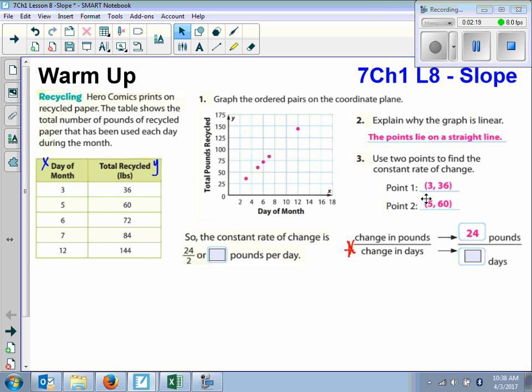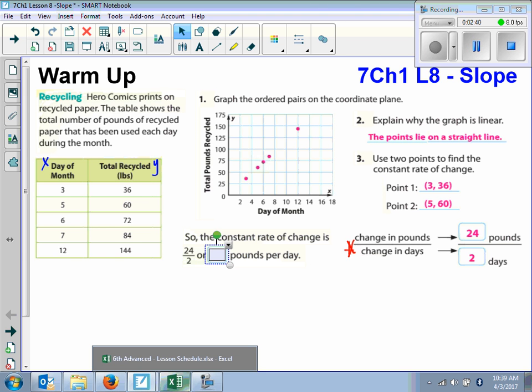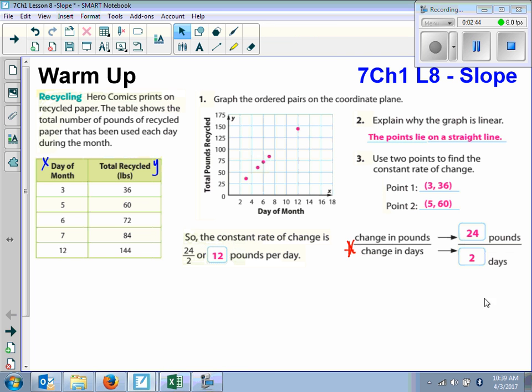And then we subtract the x values, 5 minus 3, which gives us 2. Is everybody clear? All right, so this constant rate of change is 24 pounds every 2 days, which if we change it to a unit rate gives us 12 pounds per day. Is everybody clear?